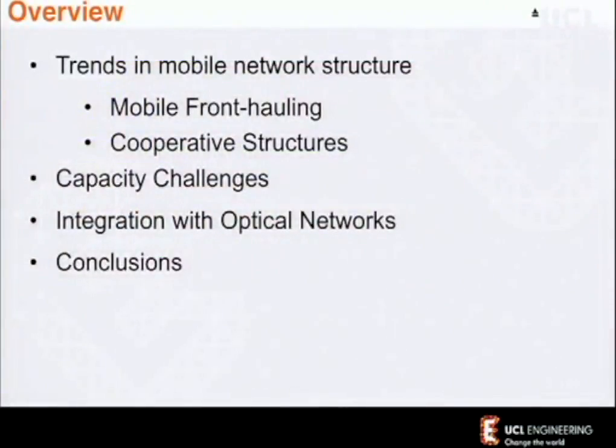I'm going to draw a lot from what's already happening in true 4G. As we said, what we see as 4G is not quite there yet, but there are many things coming through in 4G, and these are all going to be played out on a large scale within 5G. Looking at some of the work we've been doing, a technology of fronthauling is starting to be introduced, and we're already seeing some of these solutions.